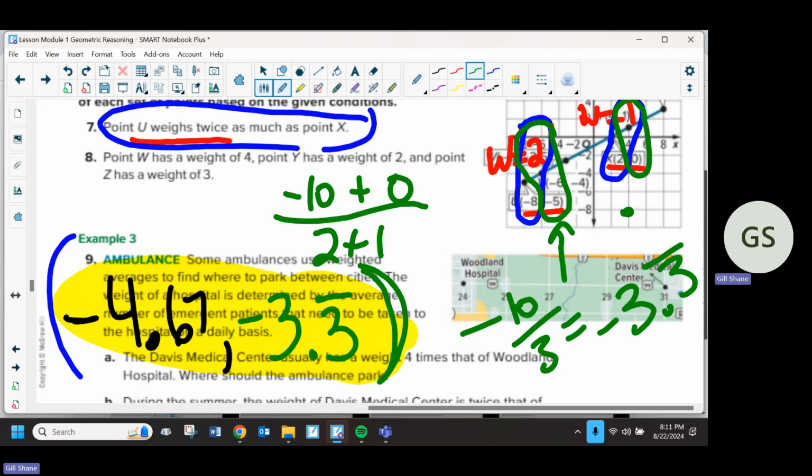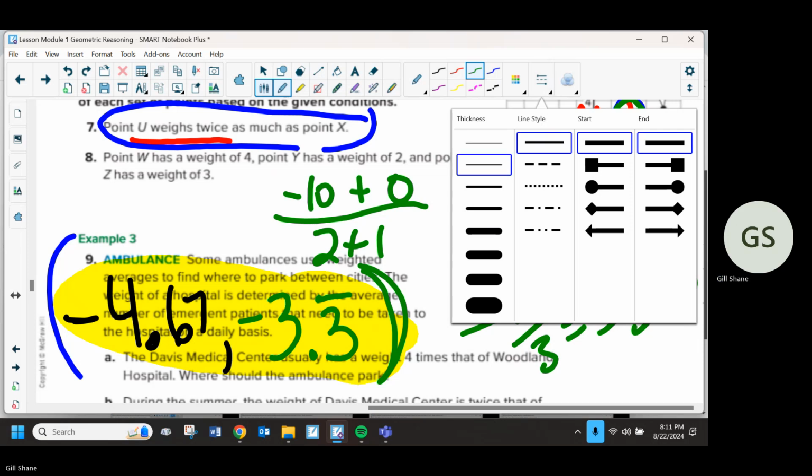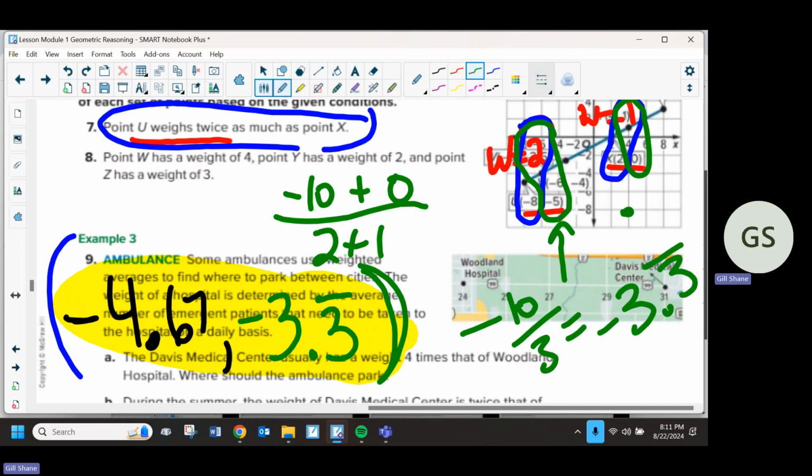So if I go, and this is going to be tough without zooming in, -4.67 means I come, so -4 is right here. So it would be a little bit left of that. Actually, you can rewind this.